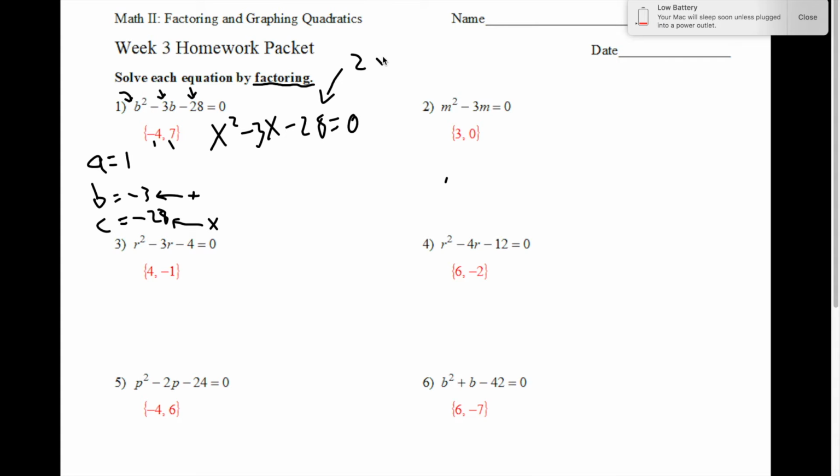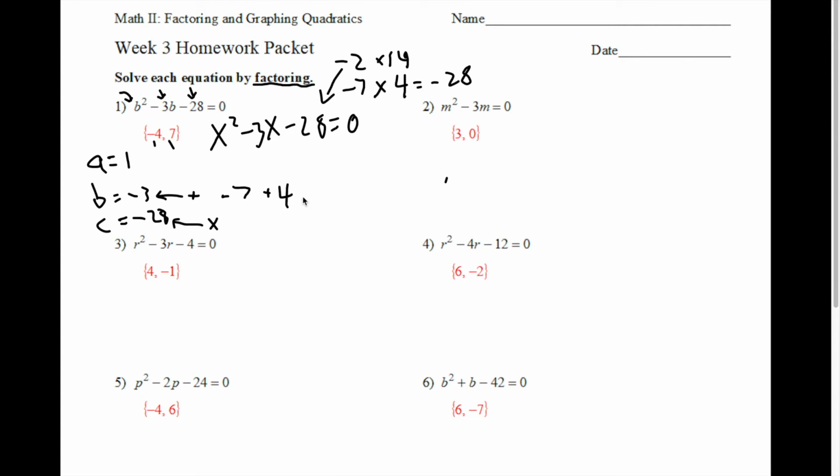We've got 2 times 14. How about negative 7 times positive 4? Okay, that would be negative 28. If we add those together, negative 7 plus positive 4 would be negative 3. Okay, so this all checks out. That means that one of our x factors is going to be x minus 7, and another one would be x plus 4.